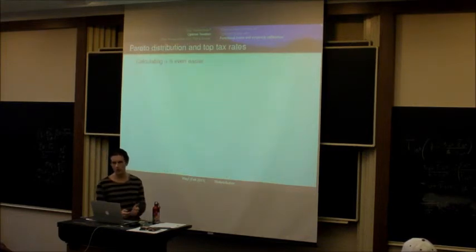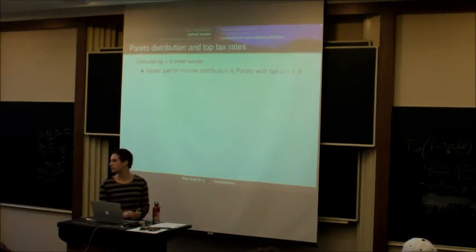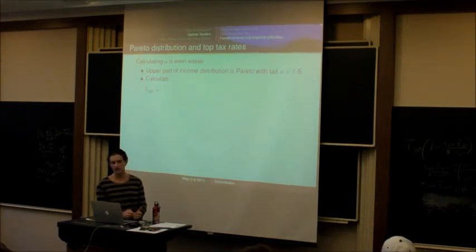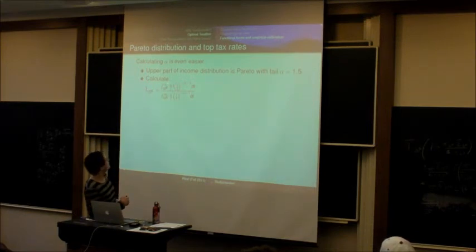Okay. So calculating alpha is actually even easier because we know that the top part of the U.S. income distribution is a Pareto distribution with coefficient 1.5, and we can just calculate that the average income of people earning over $1 million is going to be the average value under a Pareto distribution, the integral of the income over the integral of the Pareto distribution above $1 million.